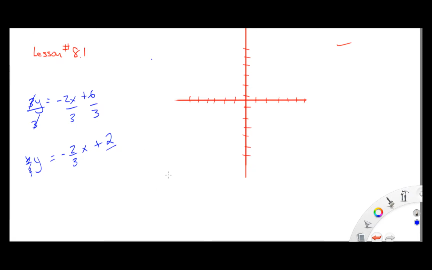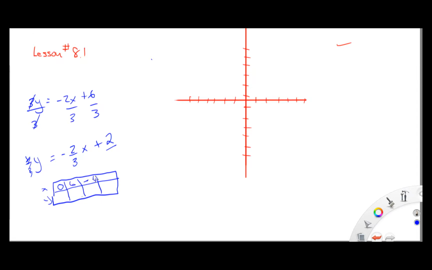So now we can make a function box that will help us answer what happens. We'll call this x and y, and we're going to say that when x is 0, y is something. When x is 6, y is something.